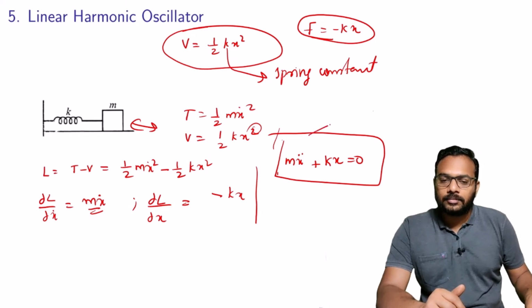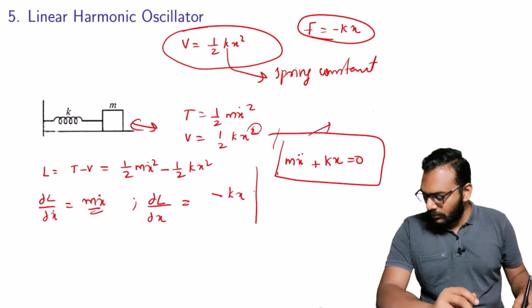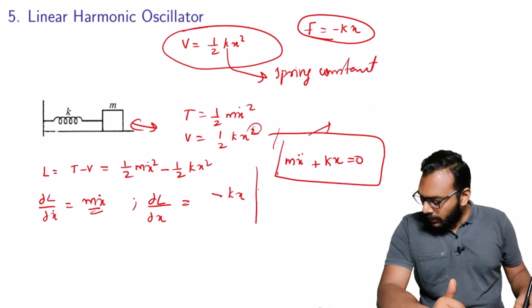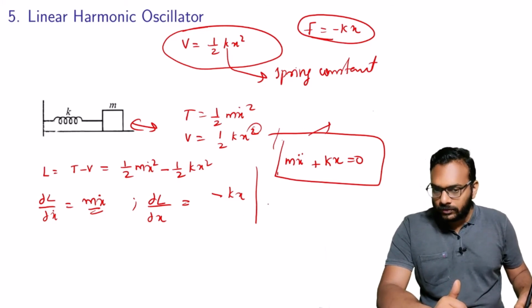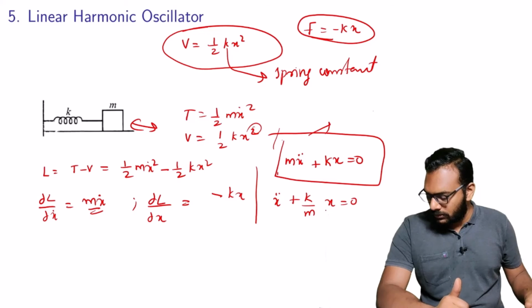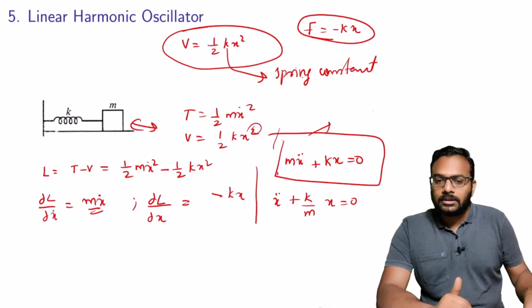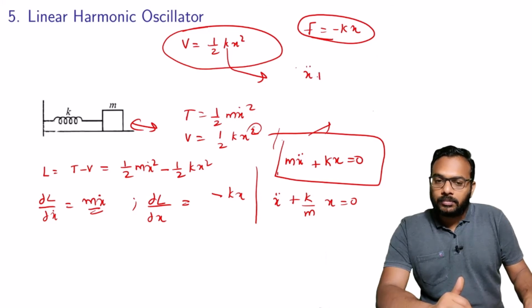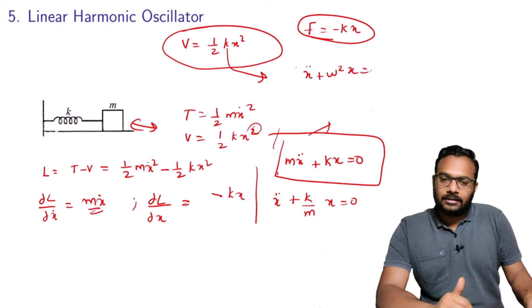We can also write it in this form: x double dot plus k by m x equal to 0. This is often compared with the form x double dot plus omega square x equal to 0.